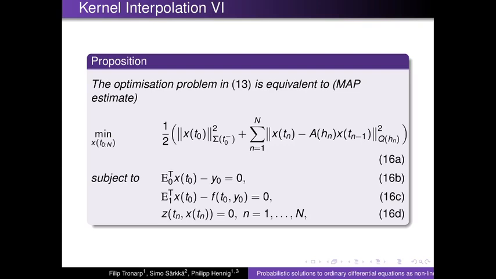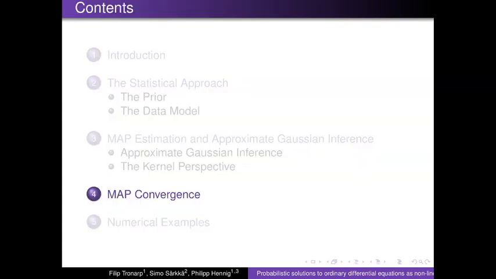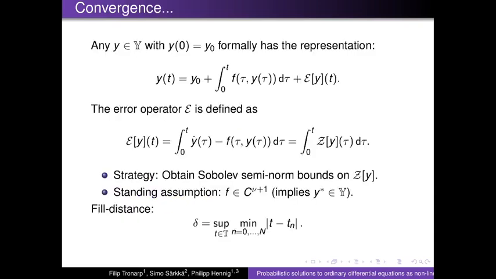And so that's useful, because then we can talk about whether the MAP converges. We know it's an element of the Sobolev space nu plus 1, and so we can use a bunch of tricks from scattered data approximation theory to establish this. So for any element in our RKHS that satisfies the initial condition, we can simply write it like this.